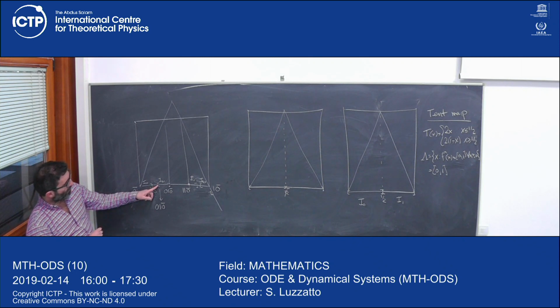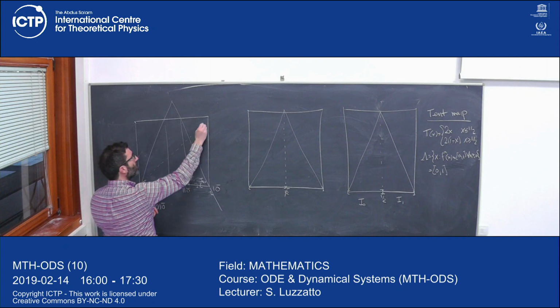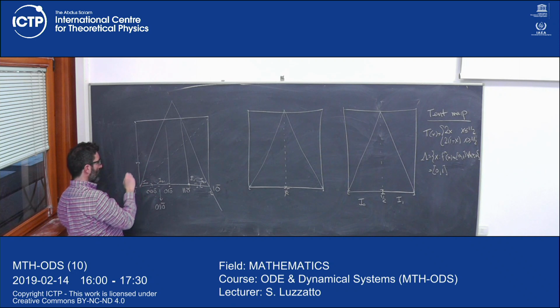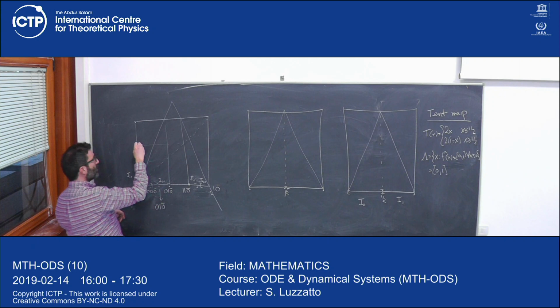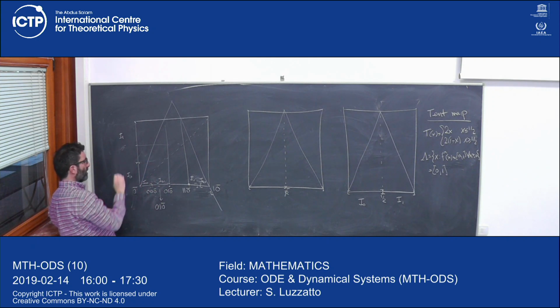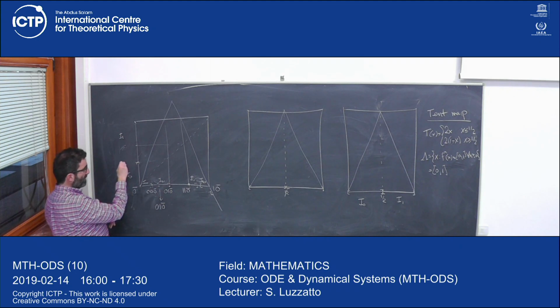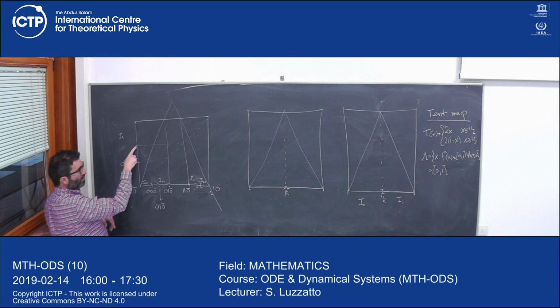Here we have this is I0, and this here is I1. The coding for this point, which is on the boundary of I0, is I1, 0 recurring, and this point here has 1, 1, 0 recurring.